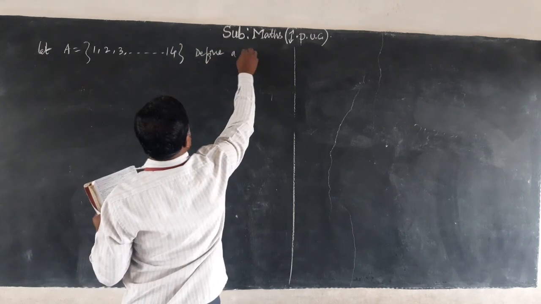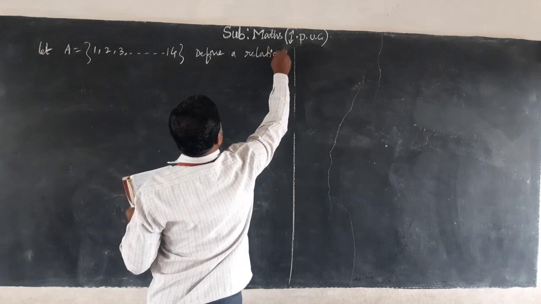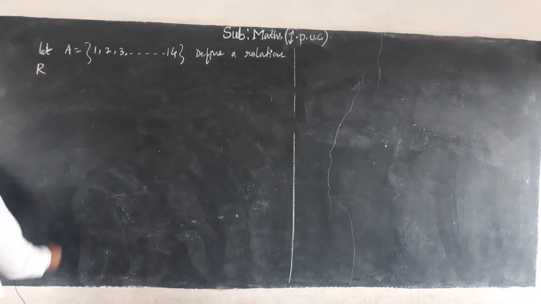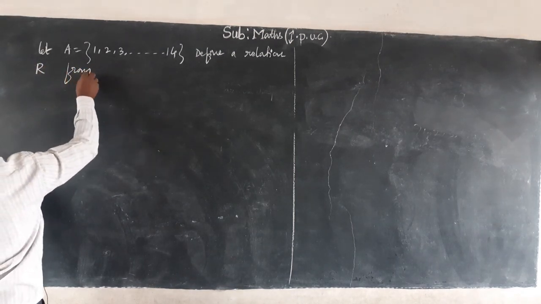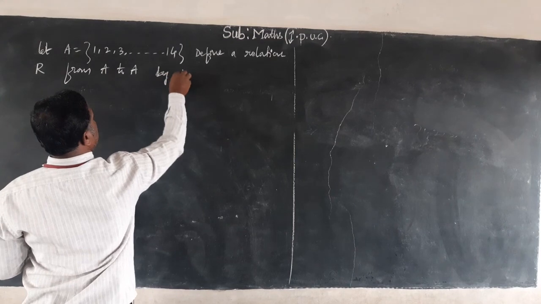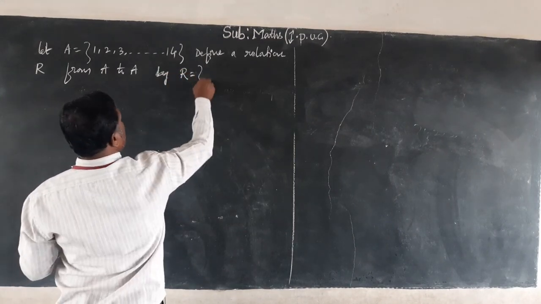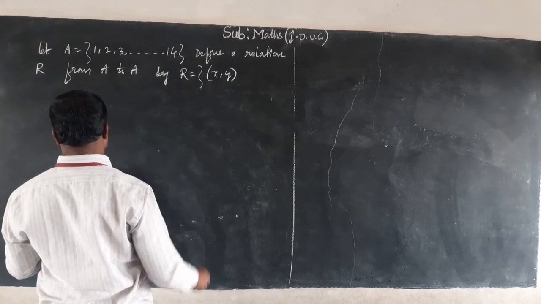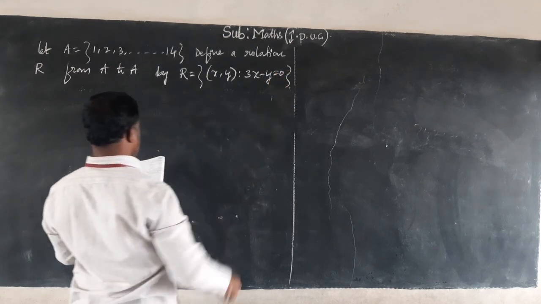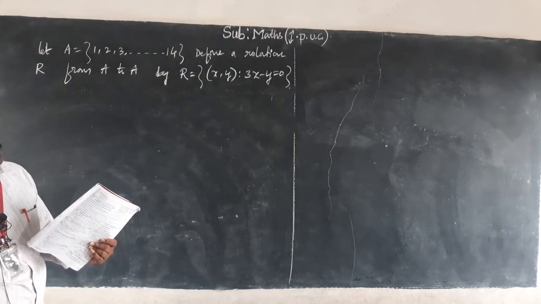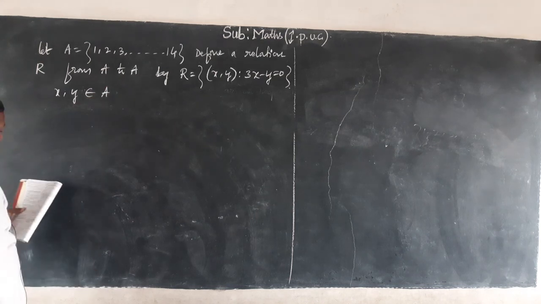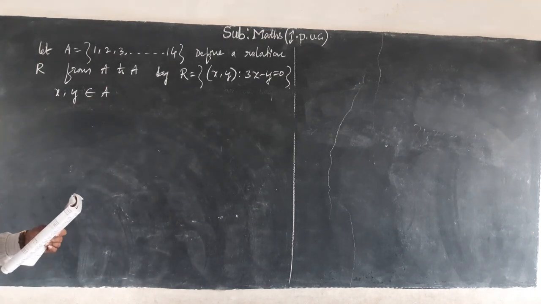Define a relation capital R from A to A by capital R equals the set of (x, y) such that 3x minus y equals 0. So here x, y both belong to set A.